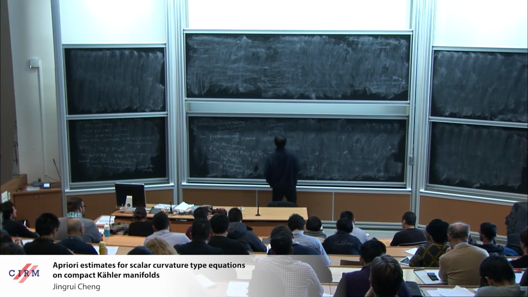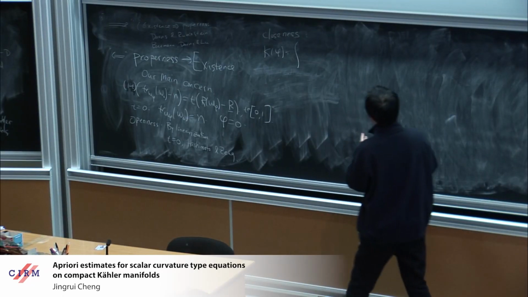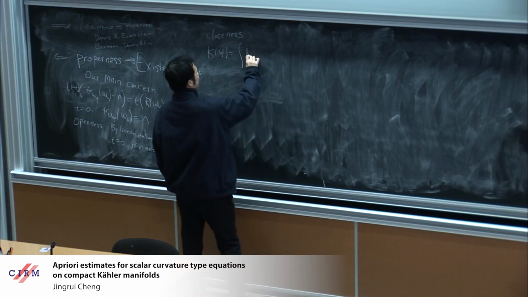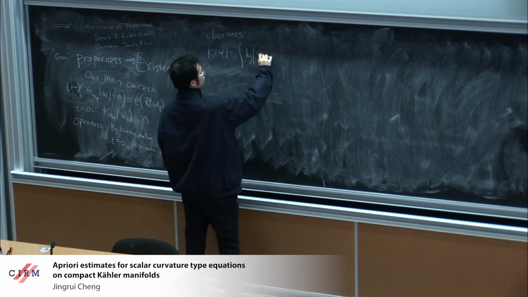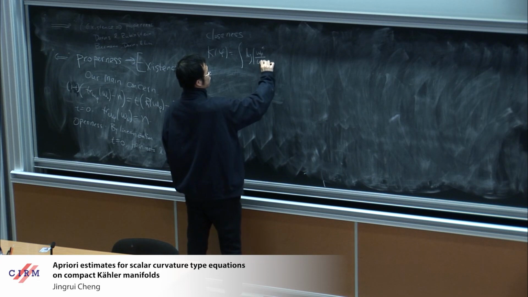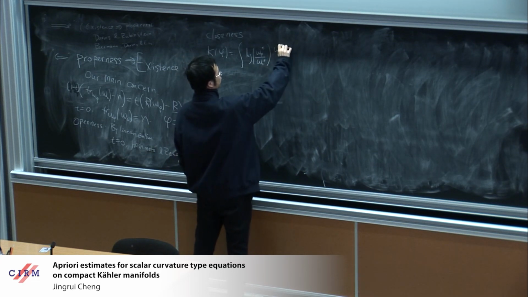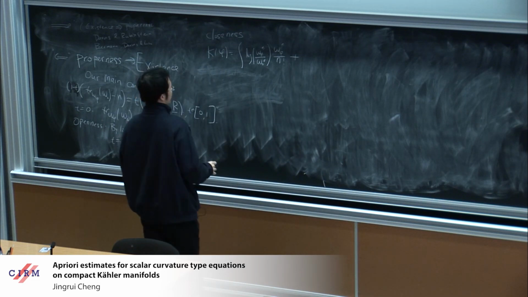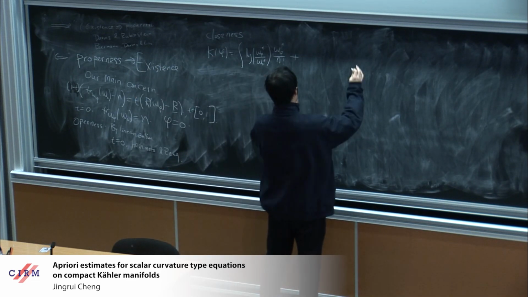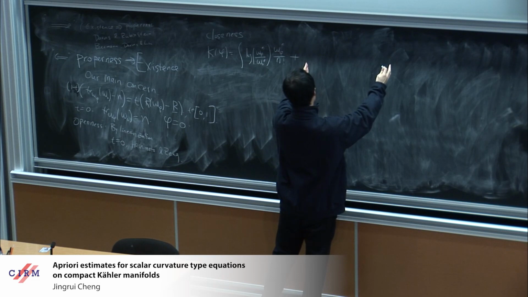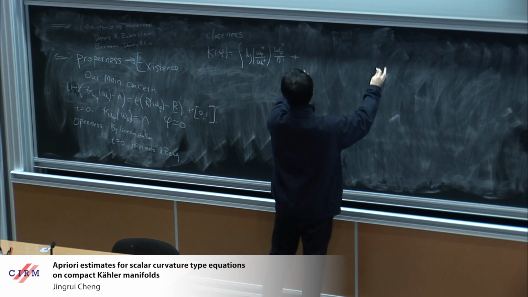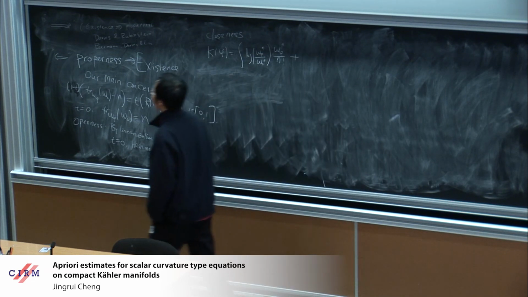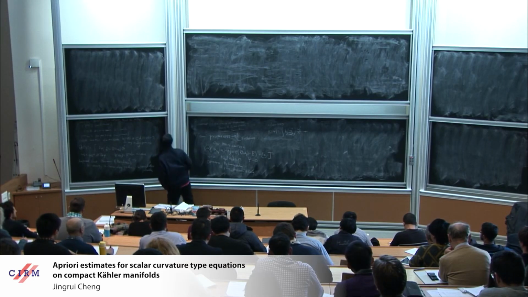What we need is that the K energy can be decomposed as the sum of the entropy part plus another, let's call it J part, which can be controlled in terms of the distance.